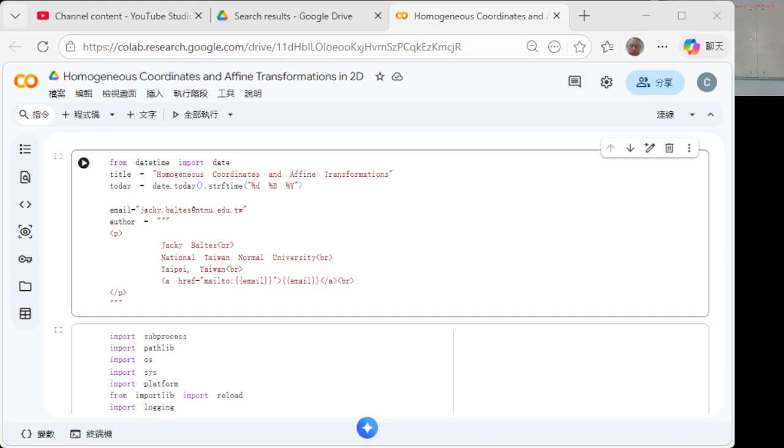And if you've done it before, then this will be a little bit of a review. Have you done a homogeneous rotation matrix? Yeah. Okay. So today we'll just do a very simple version.